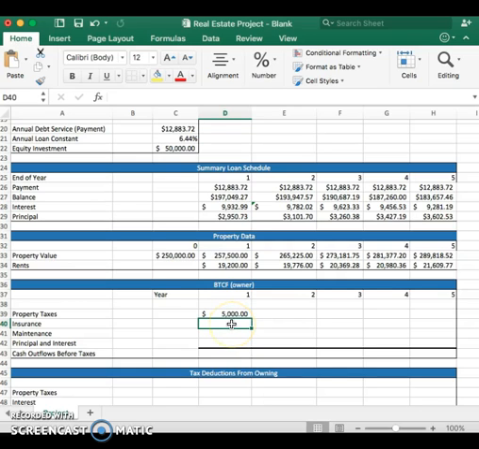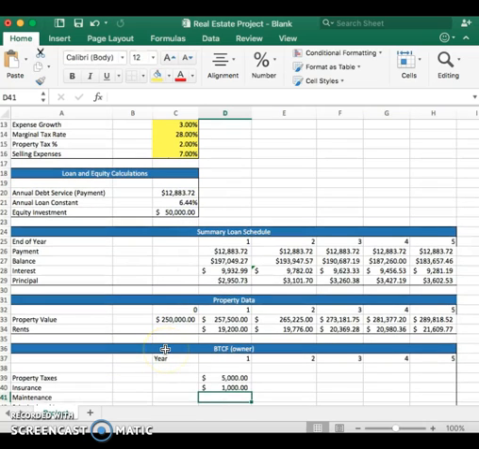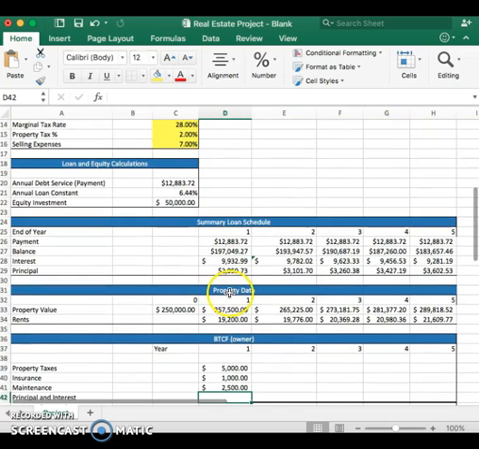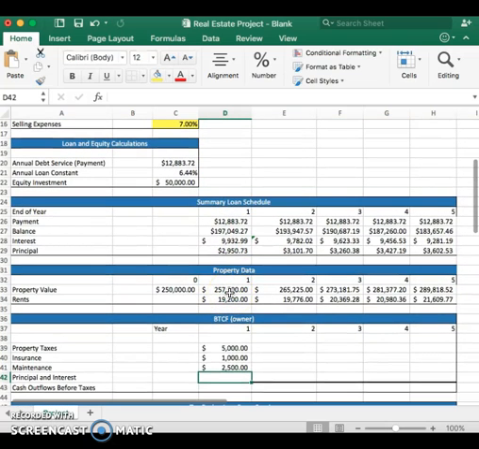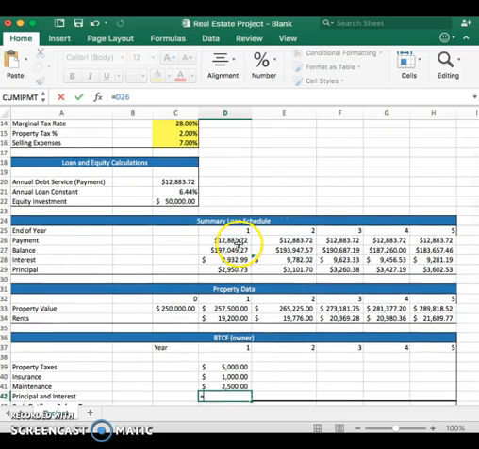And then for the insurance, we'll just copy over the given insurance, which is C11, and for maintenance we'll do the same thing for the maintenance cost, which is C12, and then principal and interest will be done by taking D26 again.